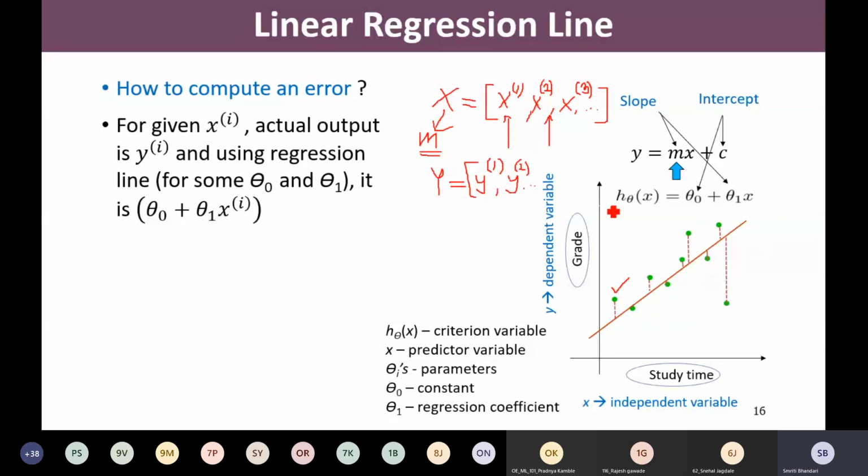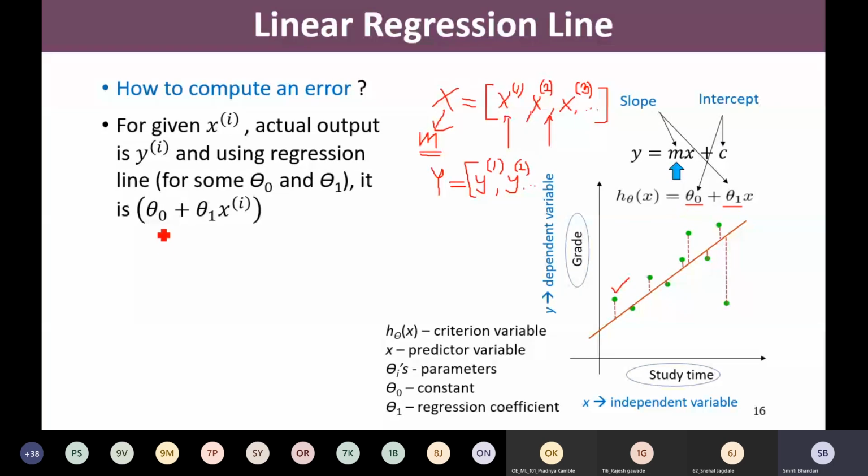Correct? And now we are making use of a regression line with some values of theta 0 and theta 1. Right? So for a given sample xi, the actual output is yi, and using the regression line with some parameters theta 0 and theta 1, I am computing the output as h theta of xi.